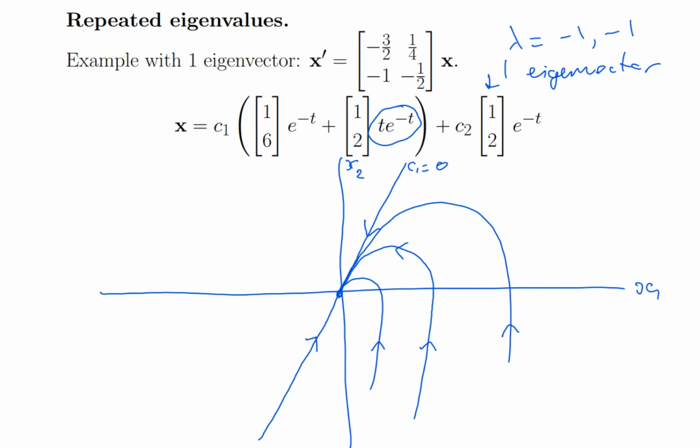And the other solutions that I haven't drawn yet will fit in this way. That arrow should go this way. So that is also a type of a stable sink.